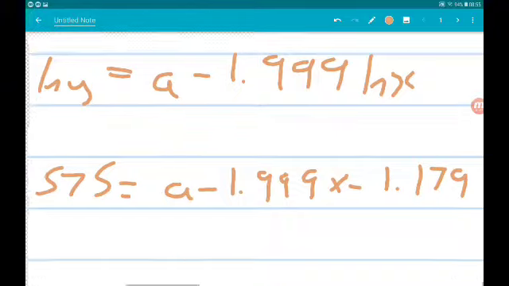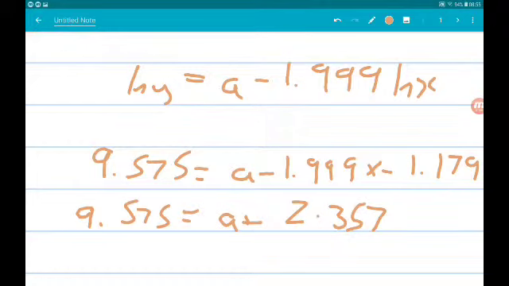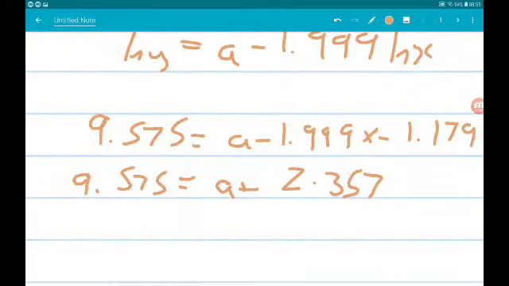So that gives us 9.575 is equal to A add 2.357. So take that away and we get A is 7.218.